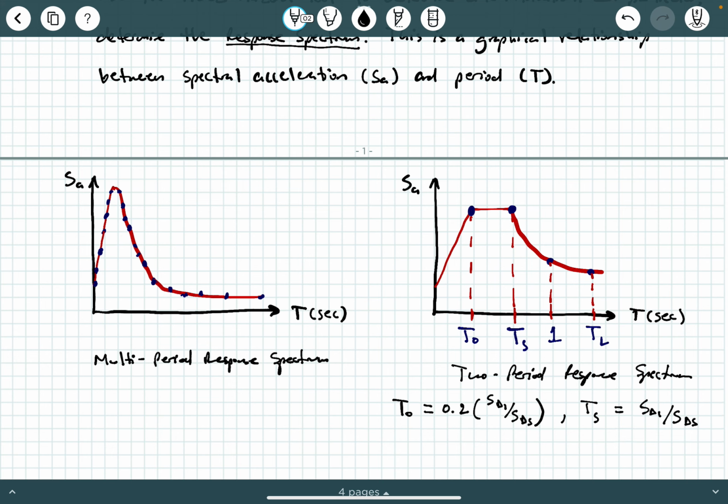Now, depending on which domain you are falling on here, we have different governing equations for SA, all right?